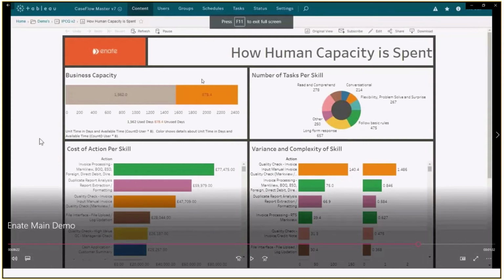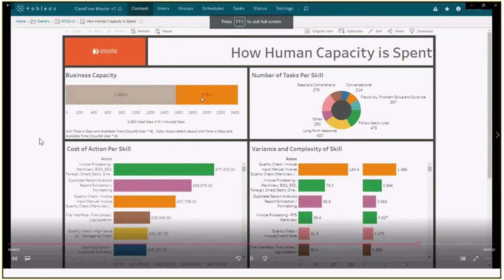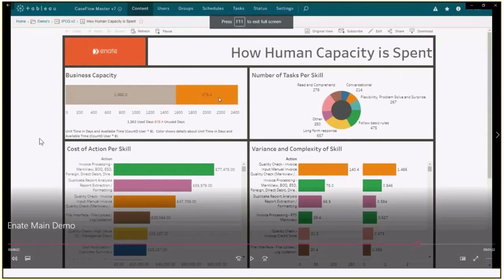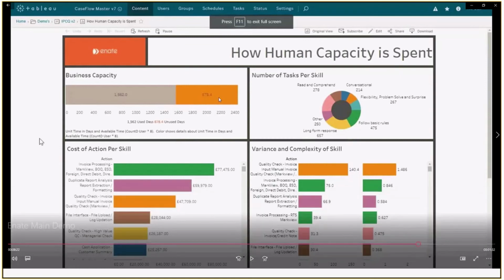The last one is capacity across the human workforce, which is saying 878 unused days exist, which means there's a lot of excess capacity in the human workforce. You can click on the orange bar and go right down to the specific business team, process, and area where there is additional capacity, and look to streamline that to enhance the whole operation and boost your overall goals as well.